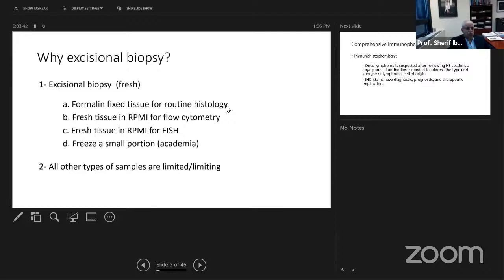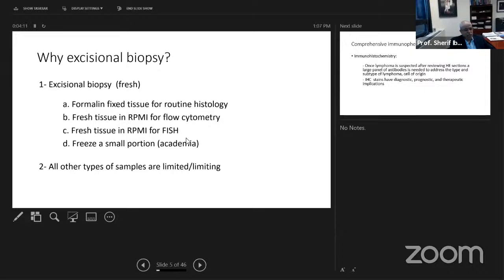That's how you look at the entire architecture, and you'll be able to tell from the architecture what kind of lymphoma we're talking about, and then that will guide the additional workup as far as immunohistochemistry and things like that. Flow cytometry, lately, became incredibly effective, and we use it in all cases. So if you have a piece of tissue, the first piece goes for routine histology and in paraffin. The second goes in RPMI for flow cytometry, and a smaller piece in RPMI for FISH.